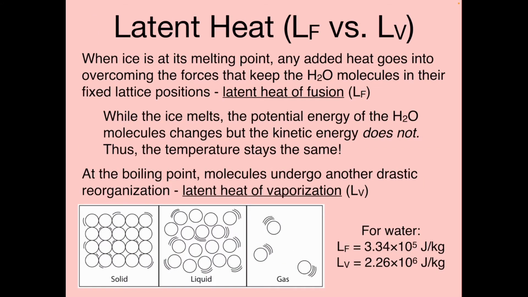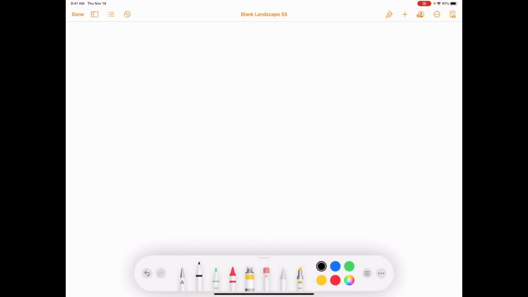All right, so just to recap and go into a little bit more detail, during a phase change, the heat involved in that phase change is given by plus or minus M times L. So you can calculate the heat using this formula.